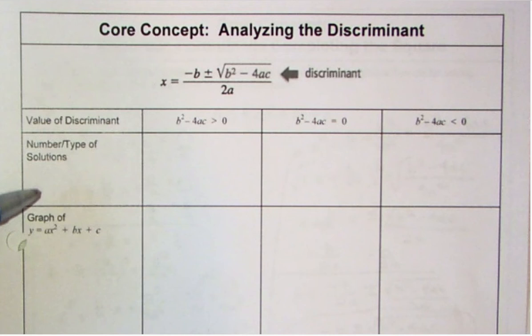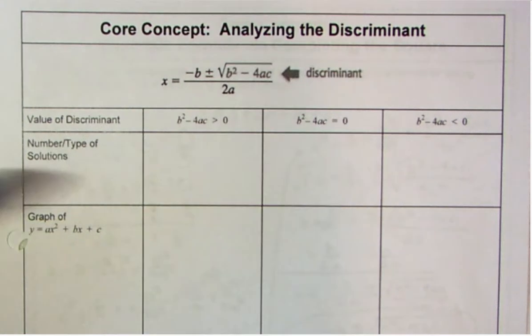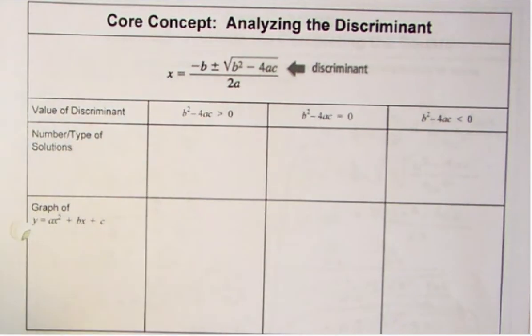Remember, we can have 0, 1, or 2 real solutions. We can also have up to 2 imaginary solutions. So, summary, we can have 1 or 2 real solutions, or we can also have 2 imaginary solutions. I want to talk about how we can do that just by looking at the discriminant.